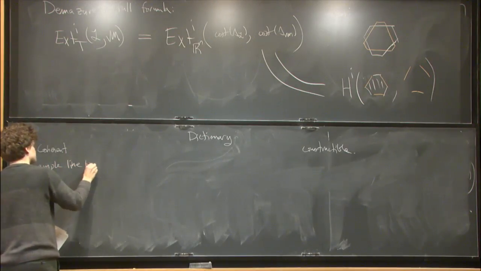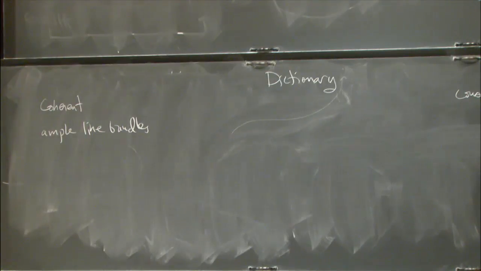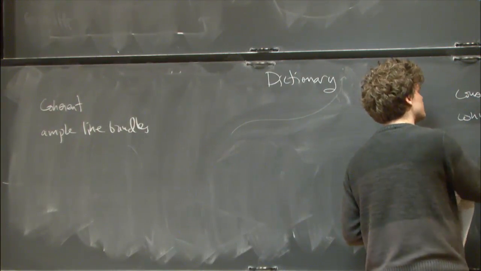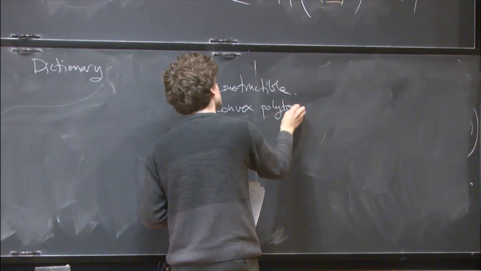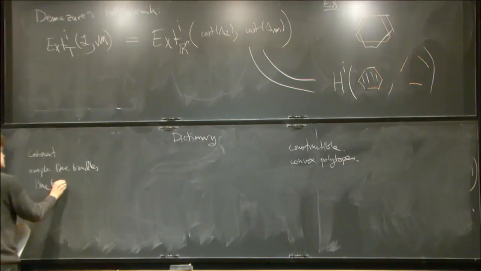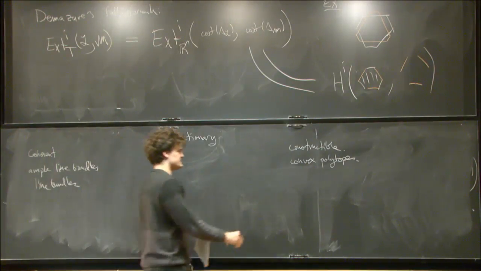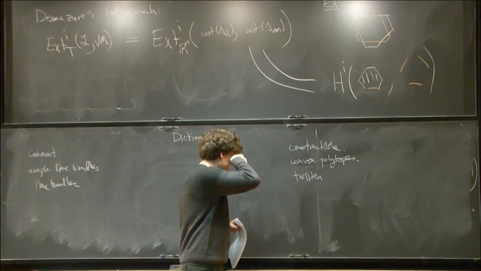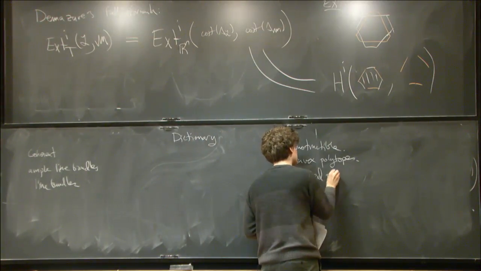So ample line bundles on Y become convex polytopes. General line bundles become what Hanlon and Treumann call twisted polytopes.